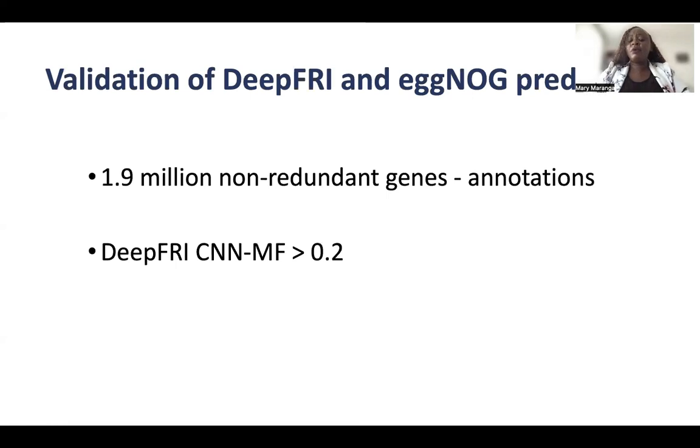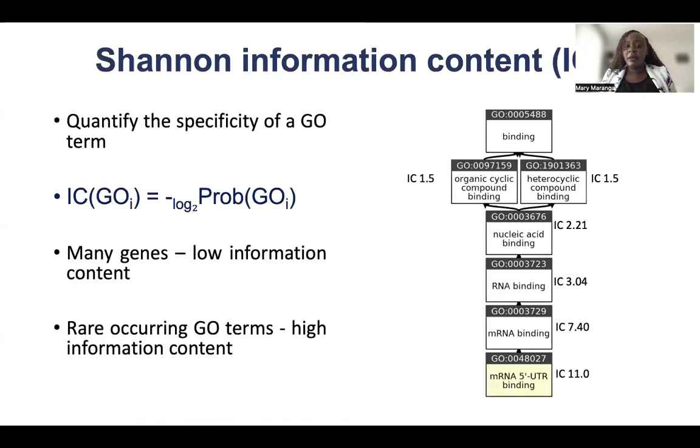The first step of our functional annotation is validation of DeepFRI and eggNOG predictions. Here, we only consider the molecular function branch of gene ontology, and we take DeepFRI predictions above a 0.2 threshold to be significant. So the first step of our validation was to compare the concordance between both methods using Shannon information content.